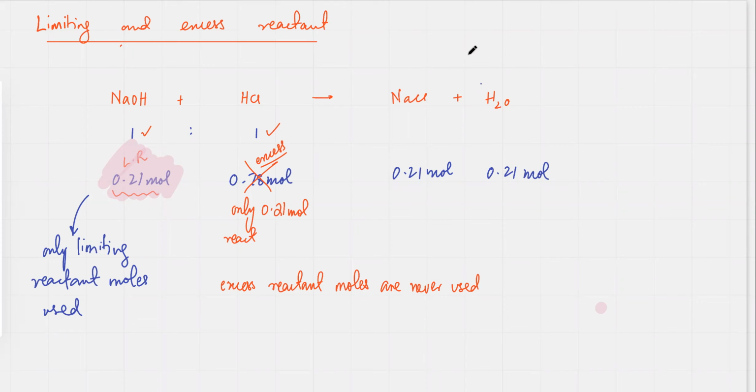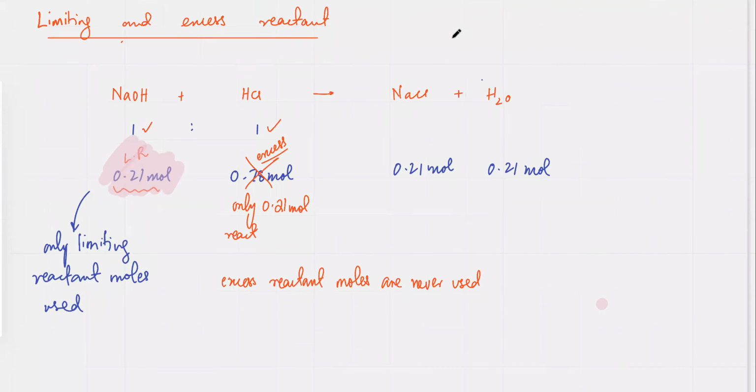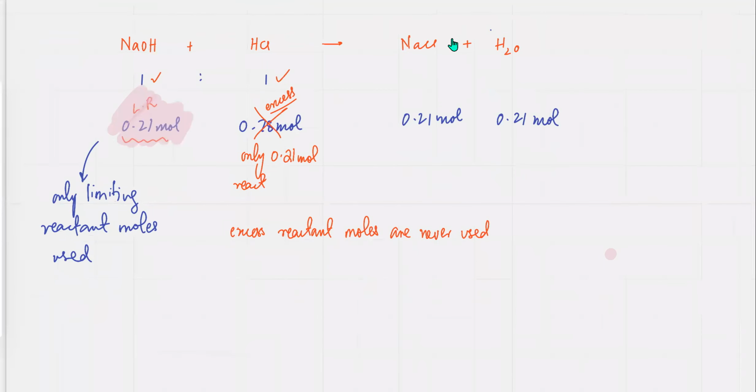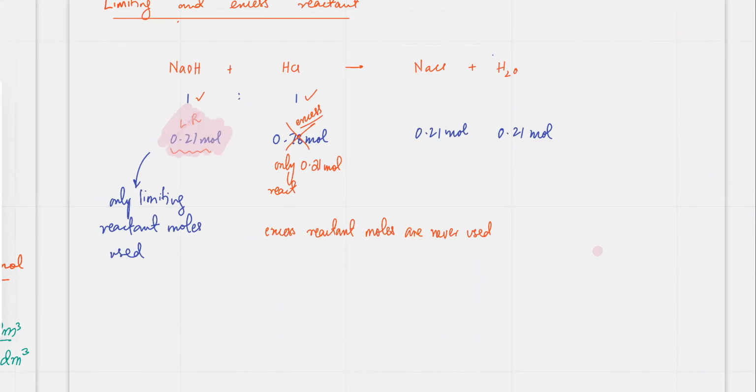So I mean, the whole idea is, is the concept clear, and then we can move on. We can sort of build on this concept. Is this clear? Yes or no? Yes. So now the whole problem comes in trying to figure out which one is the limiting reactant and which one is the excess reactant.